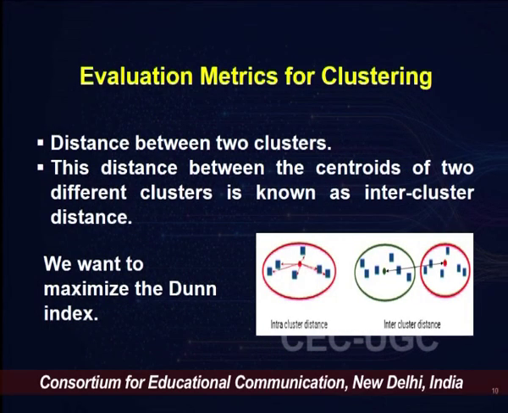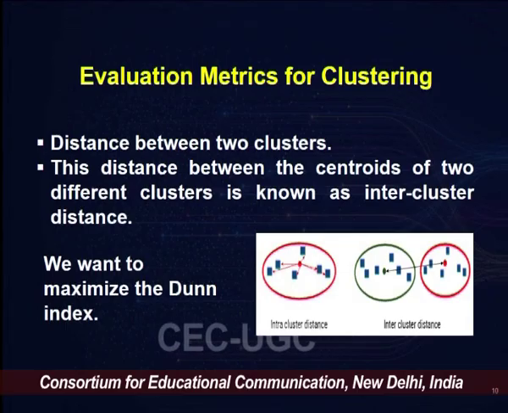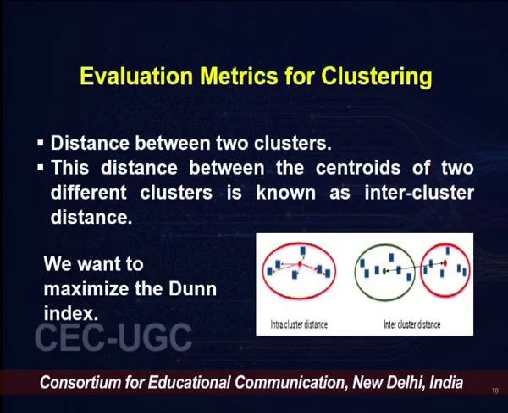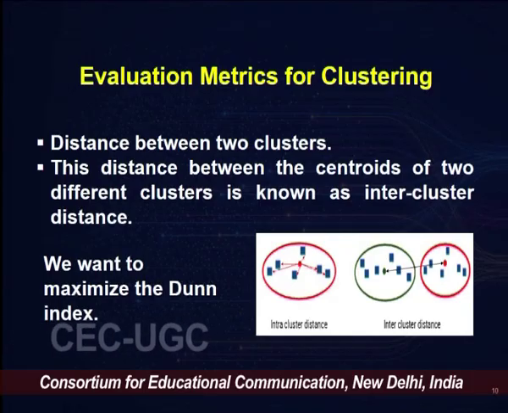The distance between two clusters can be seen in this example, where if there are two clusters, two groups, I would like to see the point in one cluster and the point in another cluster, and what the distance is between them. The distance between the centroids of the two different clusters is called the inter-cluster distance. In this case, obviously, I would like to maximize the Dunn index.